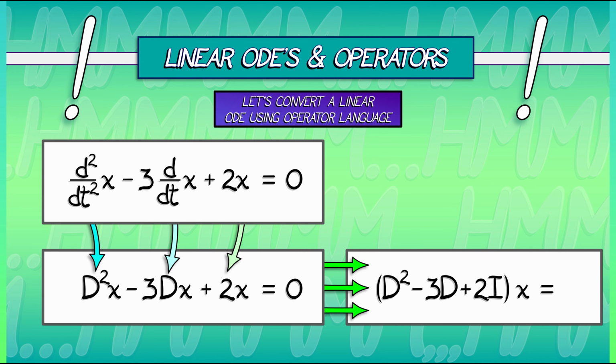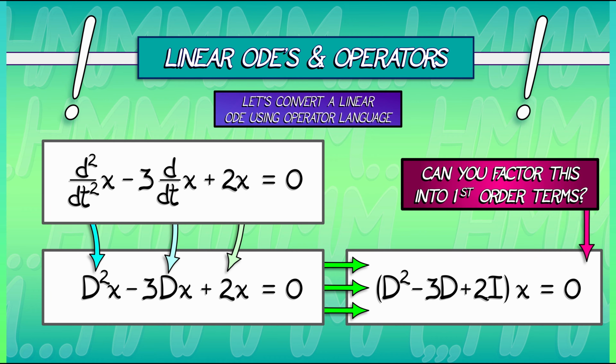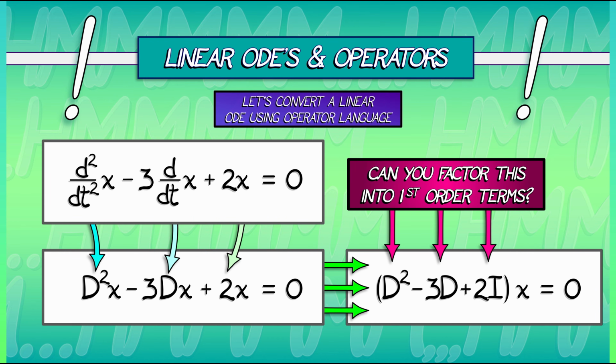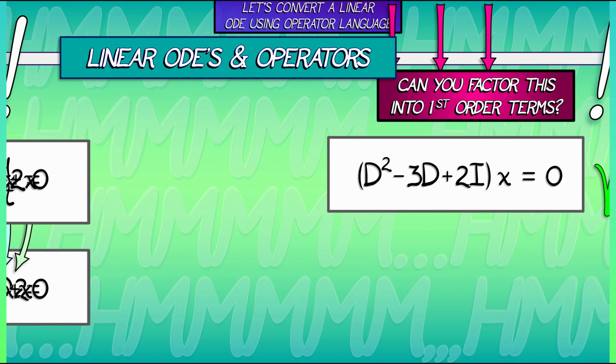Apply that to x, you get 0. Now, what's cool about this is you can see that this is a polynomial in this differentiation operator capital D, and polynomials can sometimes factor nicely. Can you factor this polynomial into a product of first-order terms? Oh, yes. Absolutely. Not a problem.